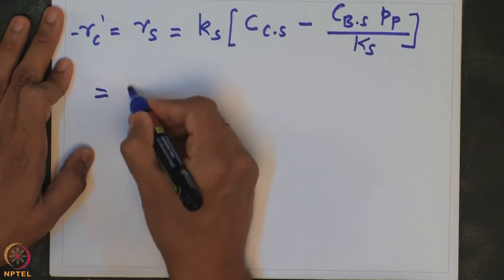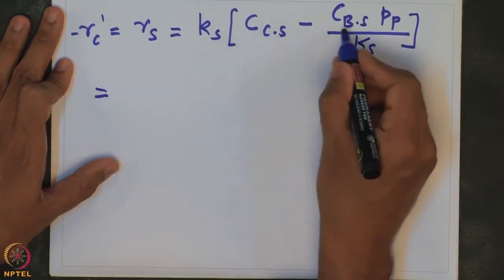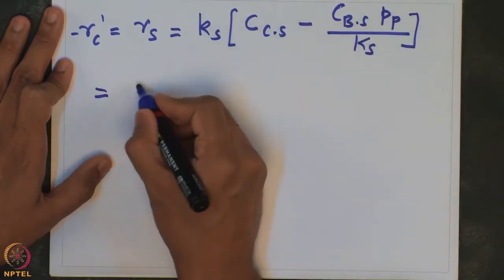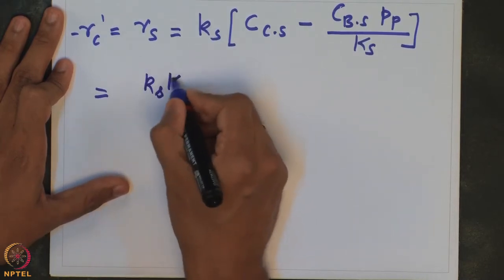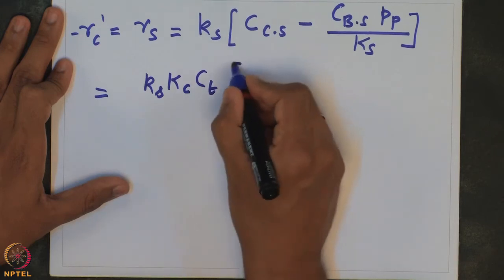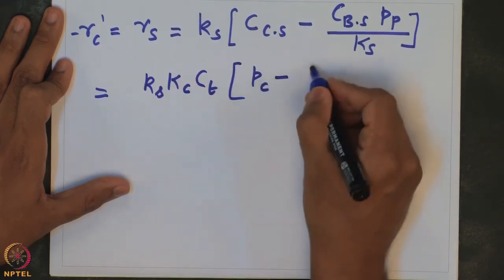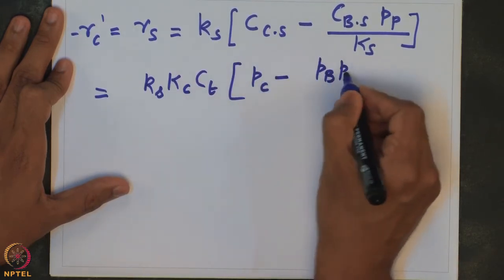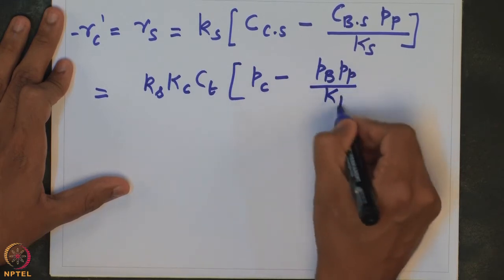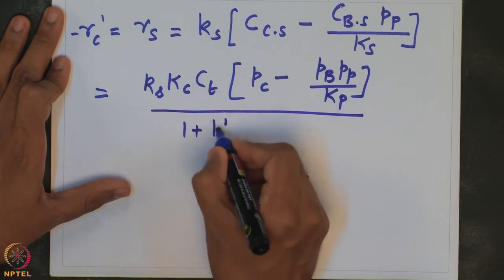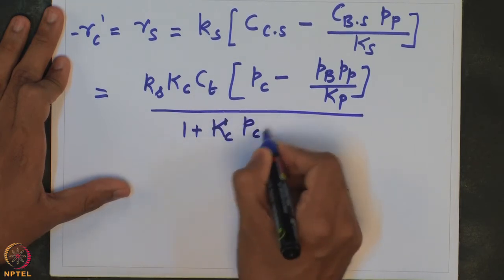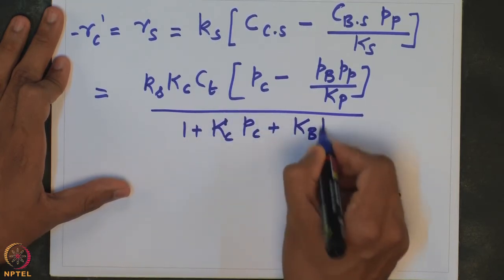When we substitute the expressions for CCS, CBS and Cv, we will see that the rate is equal to Ks Kc Ct multiplied by Pc minus Pb Pp by Kp divided by 1 plus Kc Pc plus Kb into Pb.